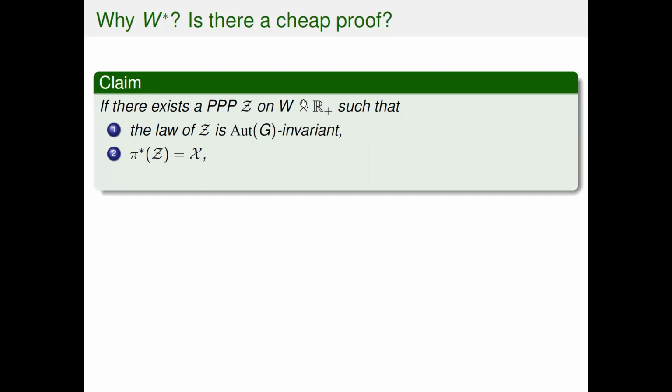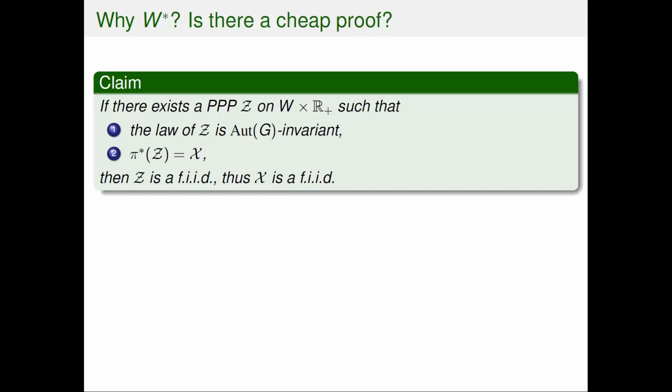So if there exists a point process on labeled doubly infinite trajectories, which is invariant under all automorphisms, and it maps under the natural projection to an interlacement, then this process Z is going to be a factor of i.i.d., and therefore the interlacement itself is a factor of i.i.d.